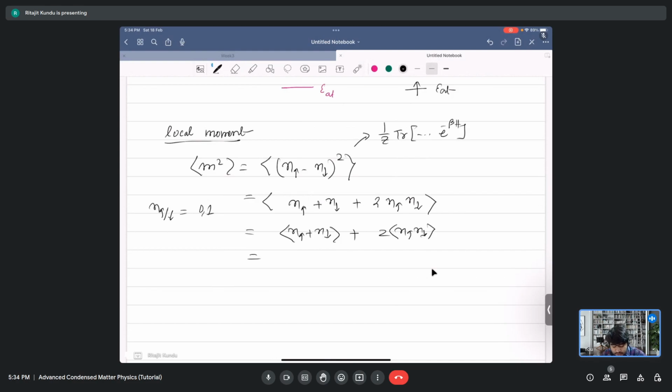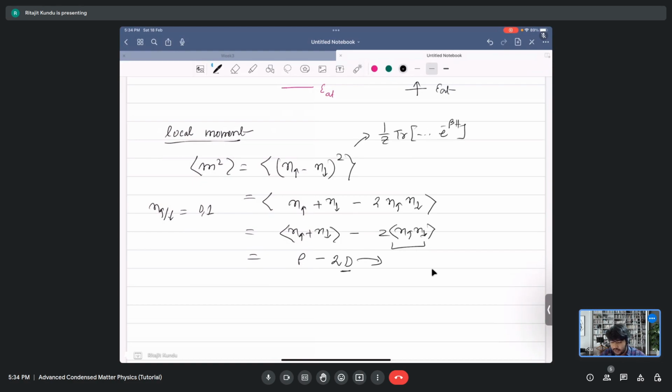The expectation values of n up and n down are the occupations that you calculated just now, and there is some quantity D. You can calculate this D easily. I will not calculate D; you can take it as a small exercise and calculate what this expectation value is. This also tells you what the moment is at that particular point.